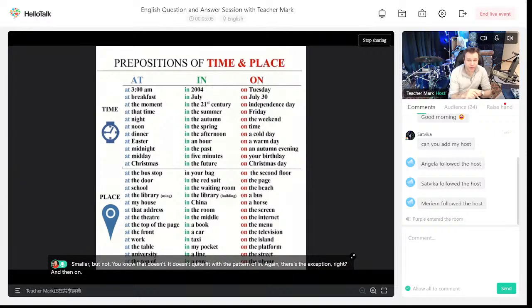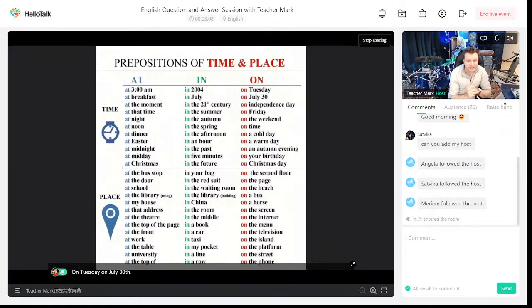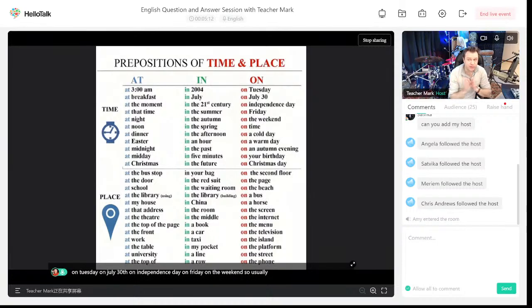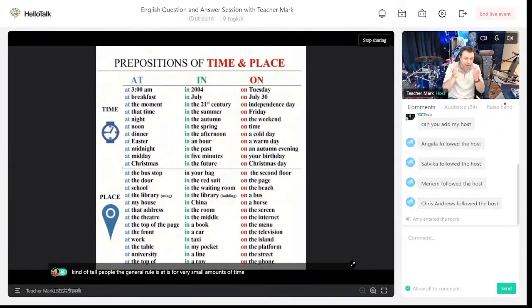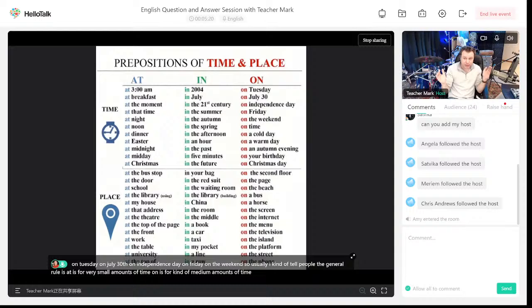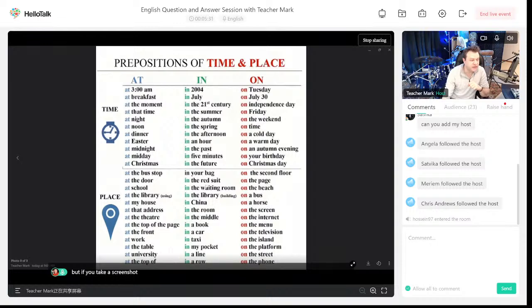And then on Tuesday, on July 30th, on Independence Day, on Friday, on the weekend. So usually I tell people the general rule is at is for very small amounts of time, on is for medium amounts of time, and in is for big amounts of time. That's the general rule, but there are a few exceptions. If you take a screenshot, hopefully you'll see what you need there.